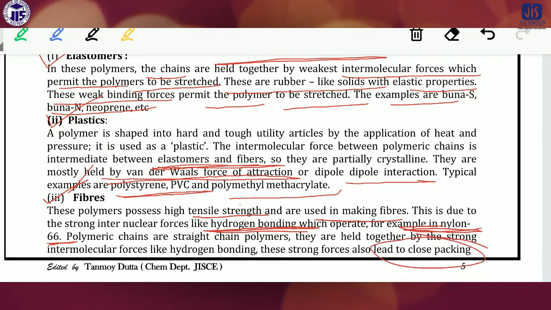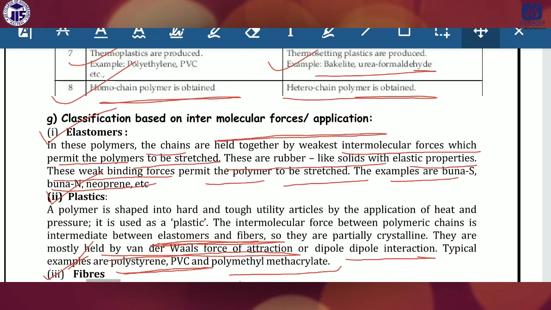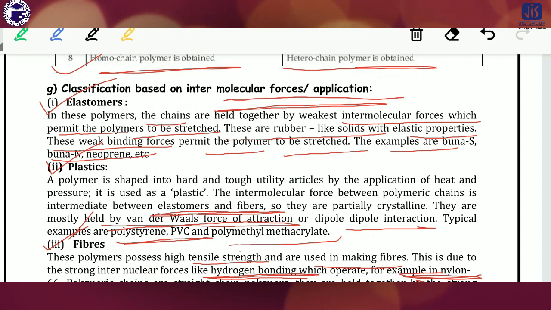So these three kinds of polymers are very important depending on the intermolecular forces or application: elastomers, plastics, and fibers.